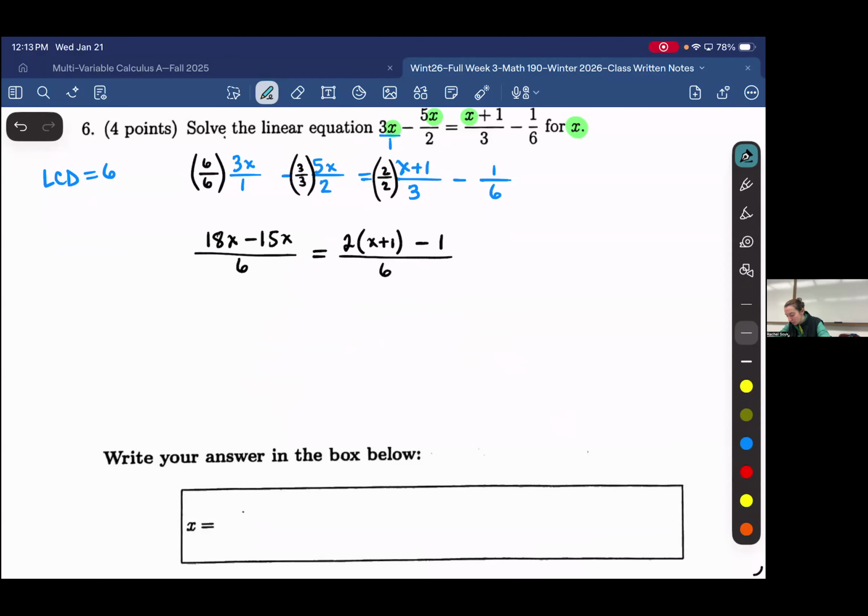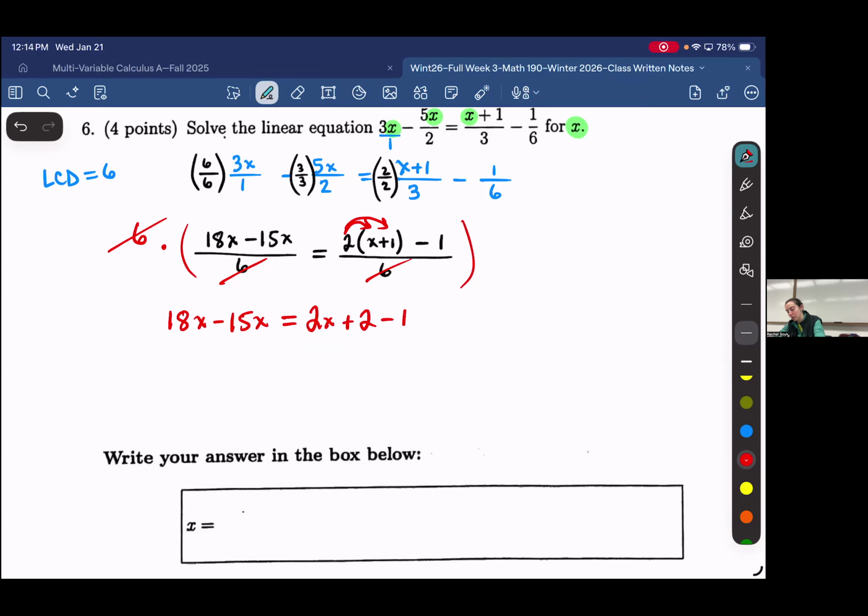And now that the denominators on the left and the right-hand side are 6, we can multiply the entire equation by 6 and just look at the numerators. So we have 18x minus 15x, which we'll reduce in a moment. Let's use distributive property here, is equal to 2x plus 2 minus 1.